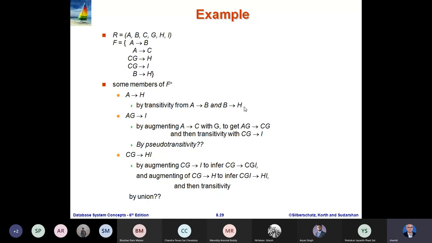From F plus, I can derive which are the super keys, say 10 are super keys, and then which are the candidate keys, say 3 are candidate keys. And as you remember, out of the 3 candidate keys, we have to define only one of them as the primary key when we create a table corresponding to the schema R in our database.